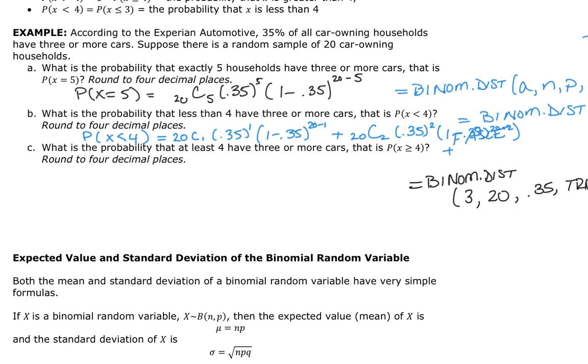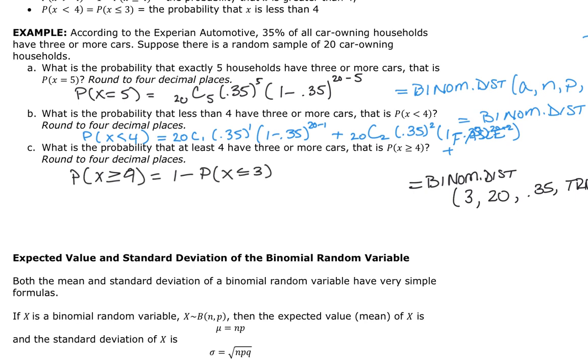So then what is the probability of at least 4? That means I get to include 4, so I get to count 4 on up. But here's the thing. If I were to have written this out, the probability of x greater than or equal to 4, then that means I have 1 minus the probability of x less than or equal to 3.